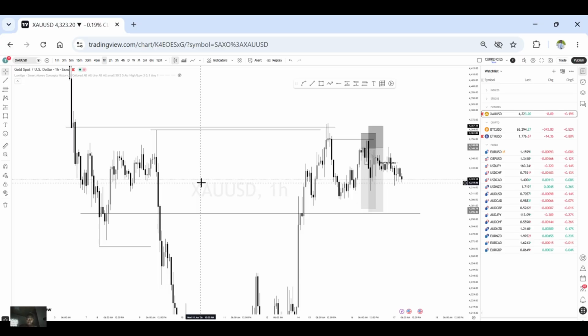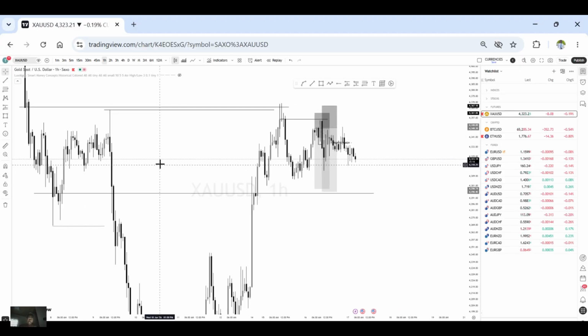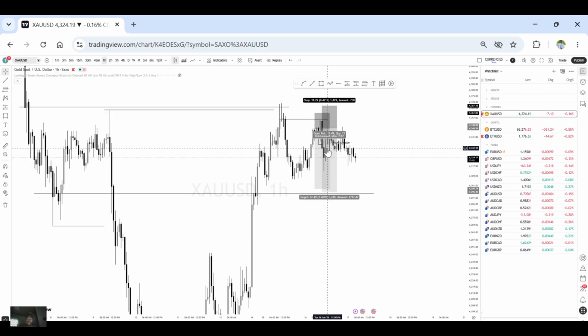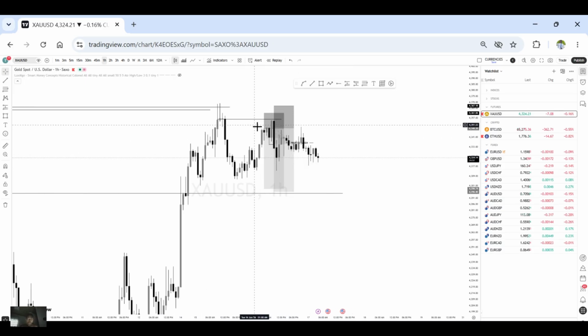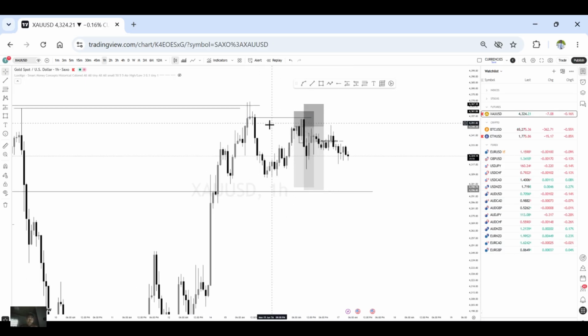So what I've done here is that since you have a rejection from this, the price action is quite strong for me to execute a trade. So I decided to wait for price to come back to this supply and take my trade, which I did.